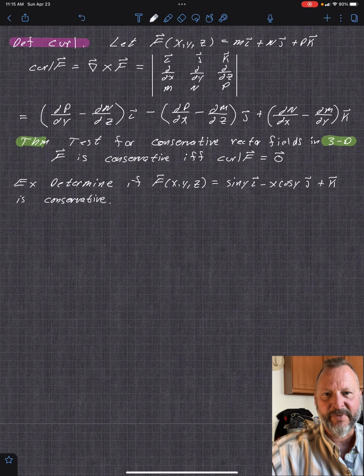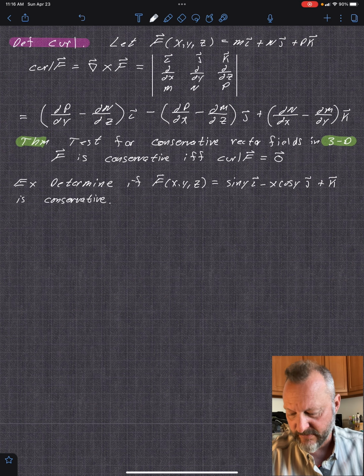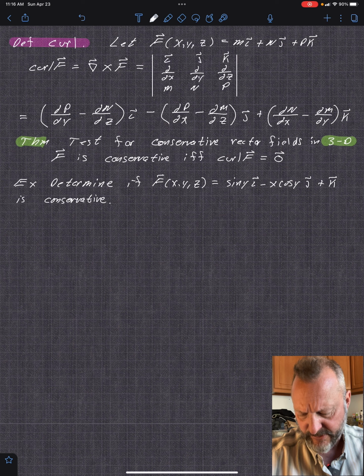All right, so then later it'd be like, and find the potential function, but we're not doing that yet.